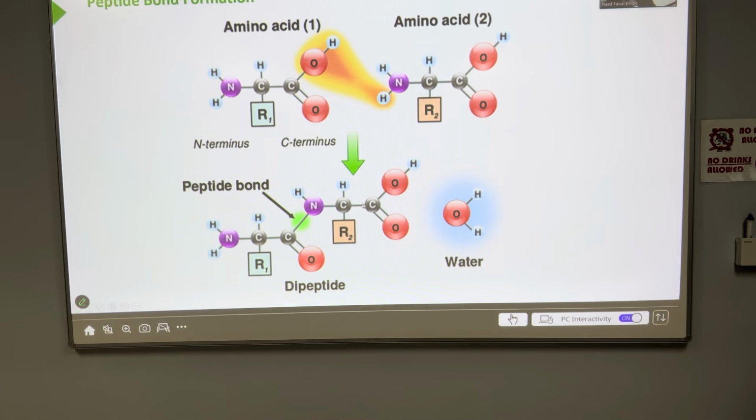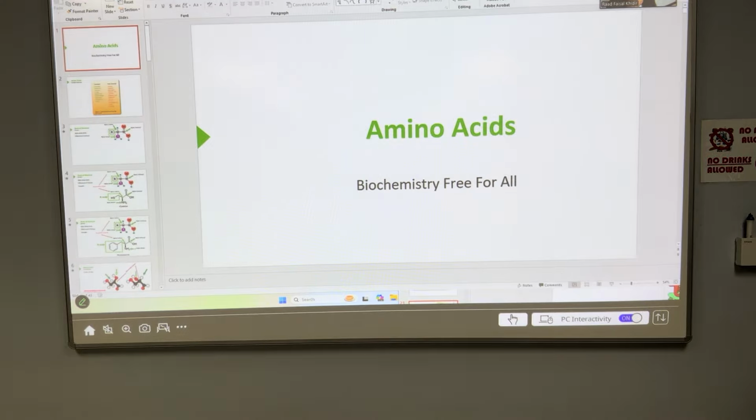Then I make my peptide bond through dehydration. Dehydration synthesis, anabolism, bond formation, endergonic. Heat has been removed, exothermic. Any questions? All right, that's the amino acid done.